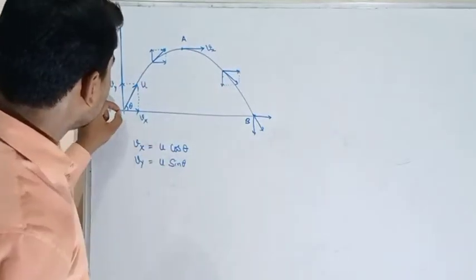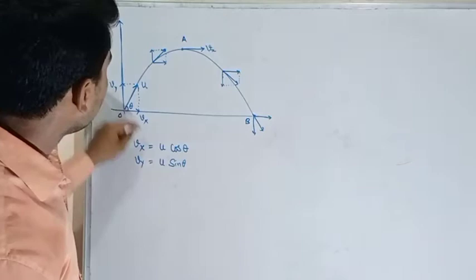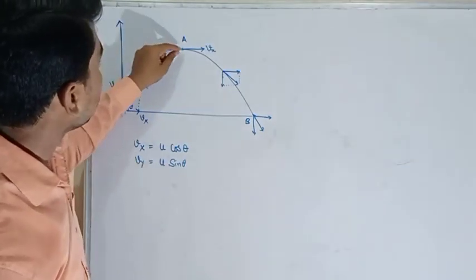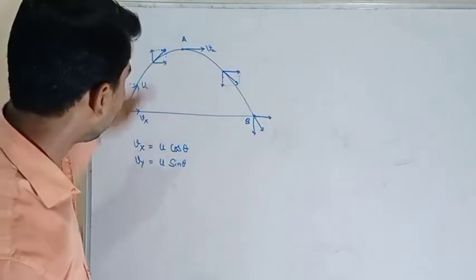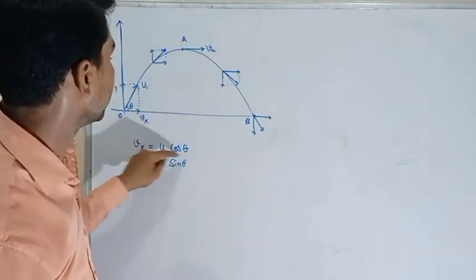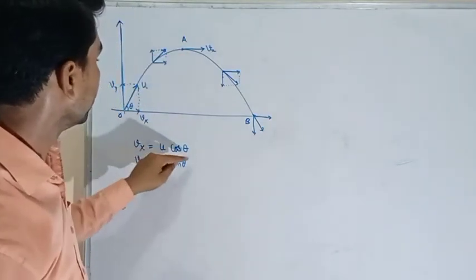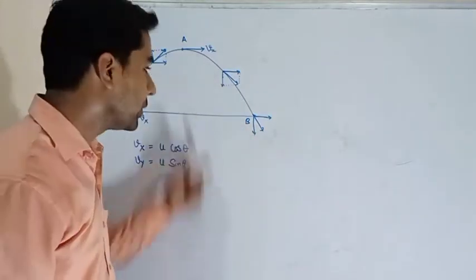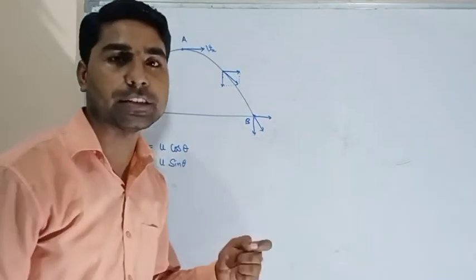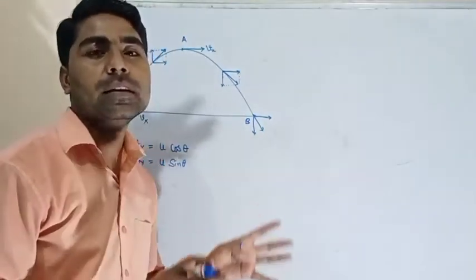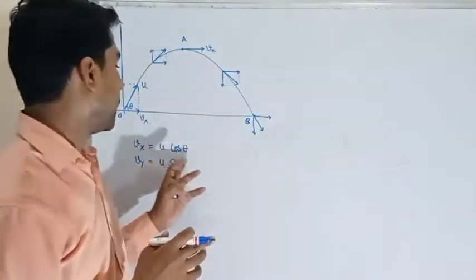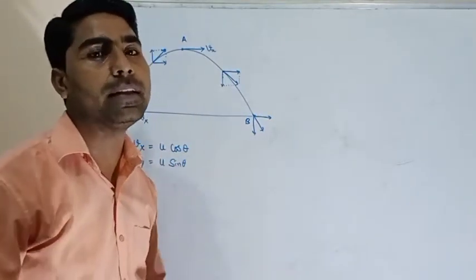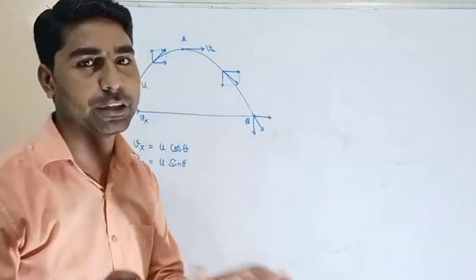So this Vy, suppose u sin theta, is changing, and here it becomes 0, while ux, that is u cos theta, is not having any effect due to gravity. Means the x component, the horizontal component, will be unaffected by the value of g, the acceleration due to gravity.